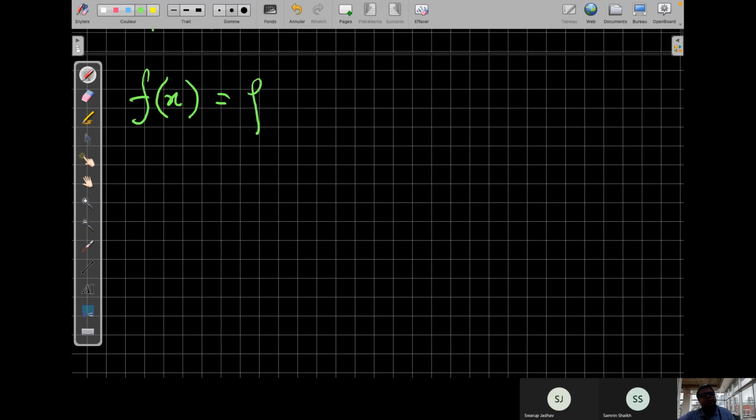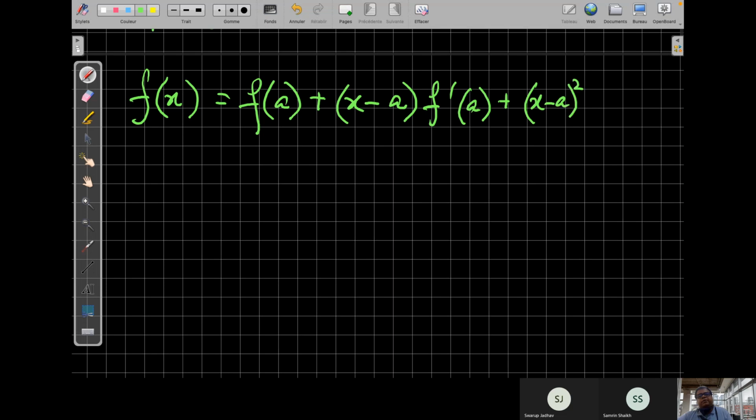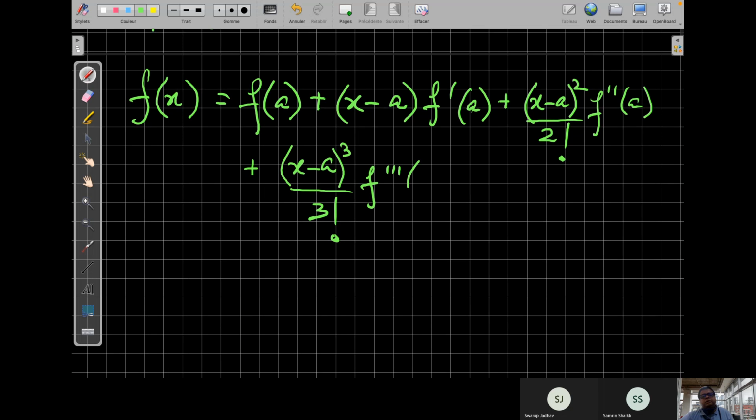I have to find out f x, and this f x can be found out by f a plus x minus a into f prime a, plus x minus a whole square divided by 2 factorial into f double prime of a, plus x minus a cube upon 3 factorial, and you will have f triple prime of a.